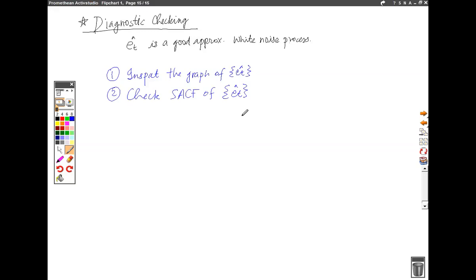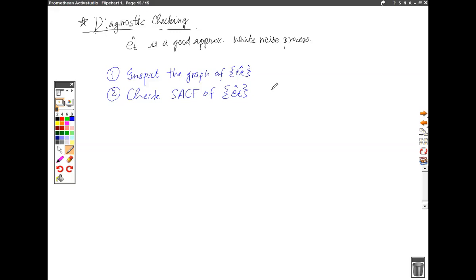These are the estimates that I have for my ats. So if I want to check, I can just check my sample ACFs, and ideally, in an ideal world, I would expect them to be 0 everywhere, but they wouldn't be, I know that. So I have some confidence interval, and I'll make sure that they do not lie outside that range.